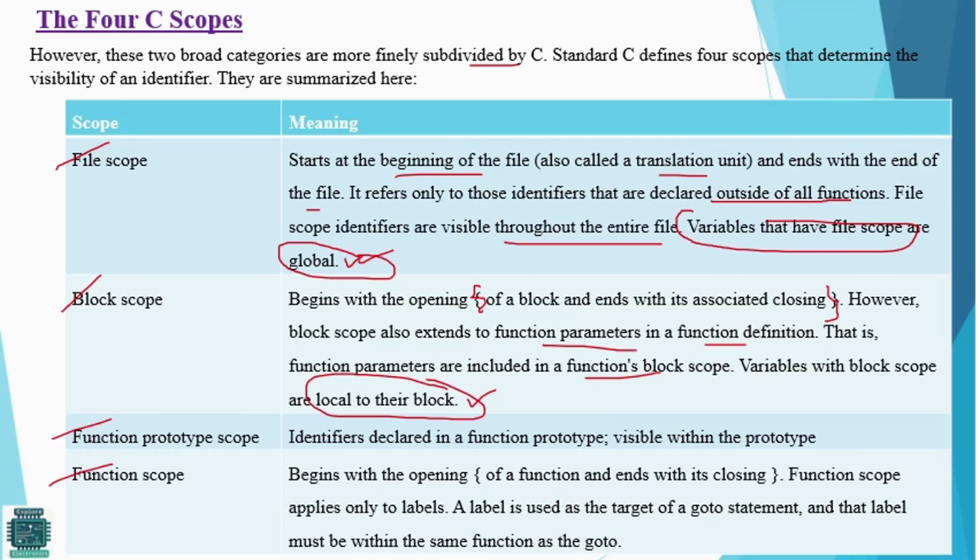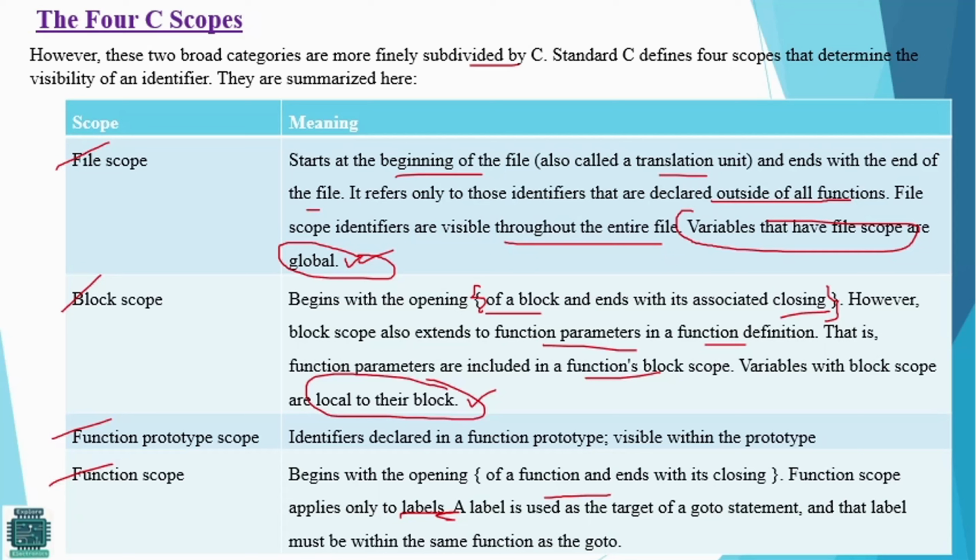It begins with the opening curly brace and ends with a curly brace, but it applies only to labels. Here you might get confused. Here also it is the same opening and closing, but don't get confused. Observe the remaining points also. Please take a look at it.